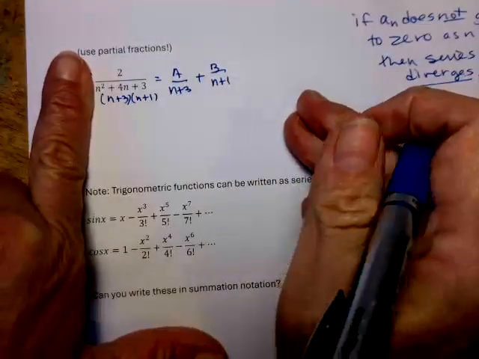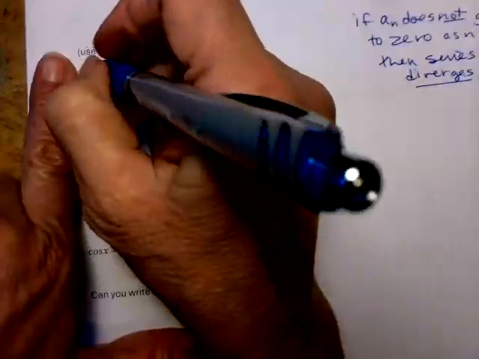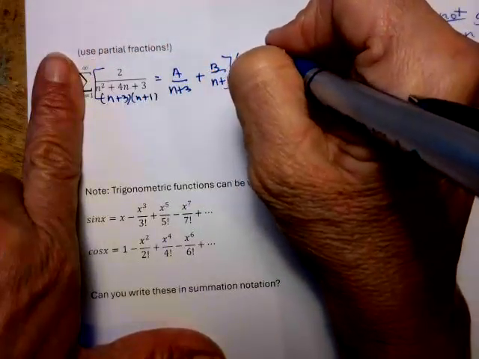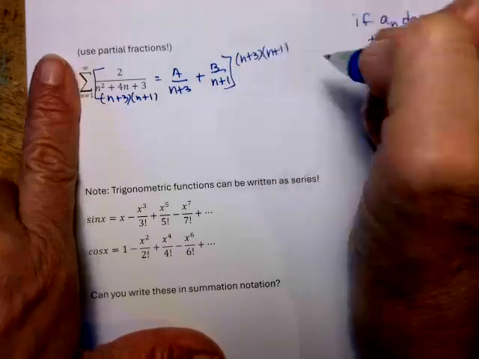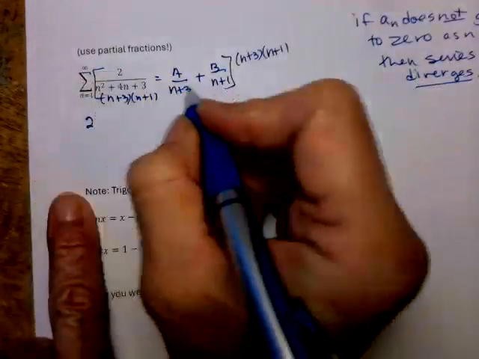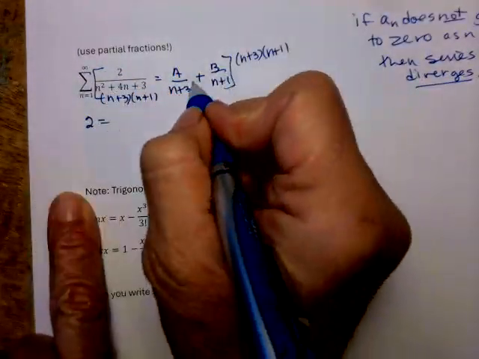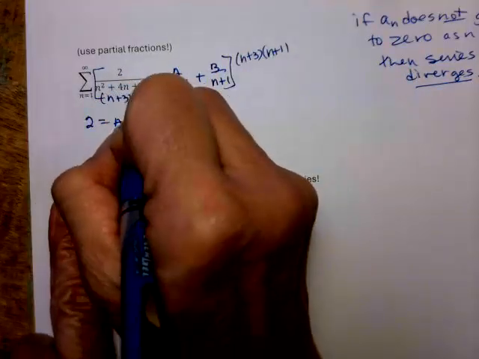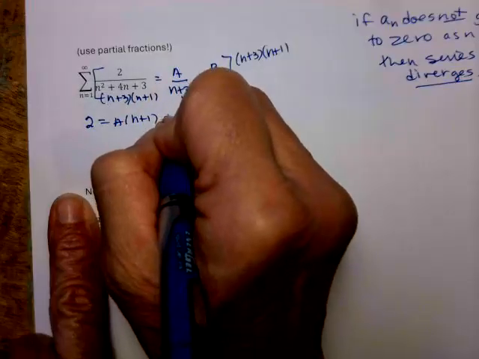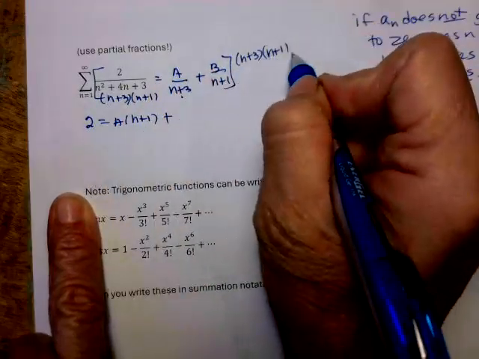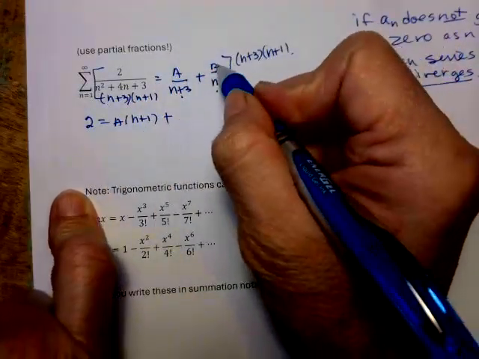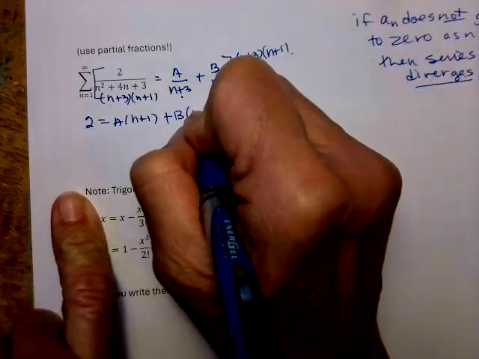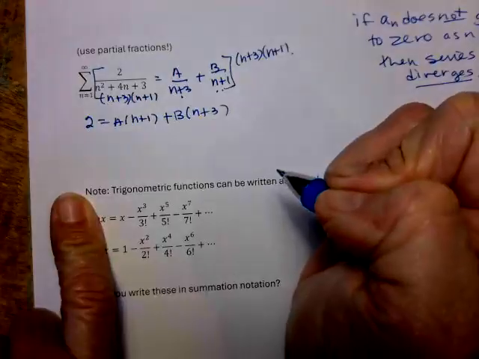Multiply through by that denominator of n plus 3 times n plus 1 gives us 2 equals, so the n plus 3's cancel on the first one, and I get a times n plus 1. When I multiply that common denominator by my b over n plus 1, the n plus 1's cancel, leaves me b times n plus 3.